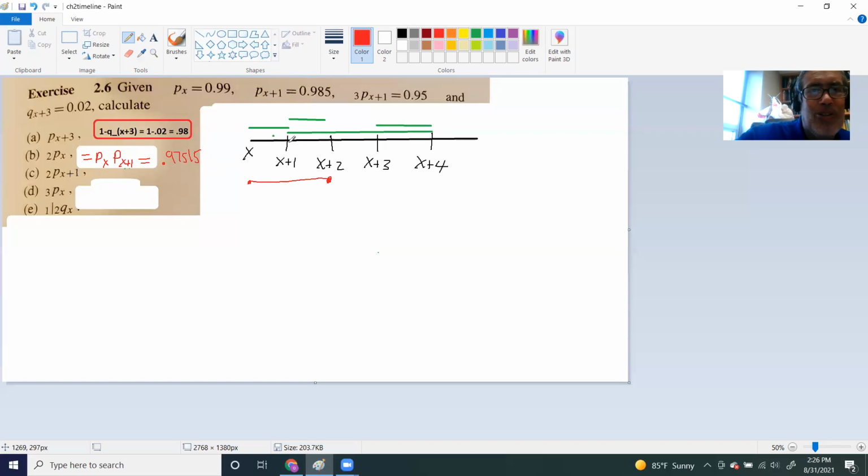Now the next one, and this is where I started to struggle a little bit. I'll do this one in blue. We start at x plus 1, and we want to go 3 units. So we want to go to x plus 2 and then x plus 3. So you want to figure out what this is. Now, unlike this, we have something that extends. Here's what's interesting.